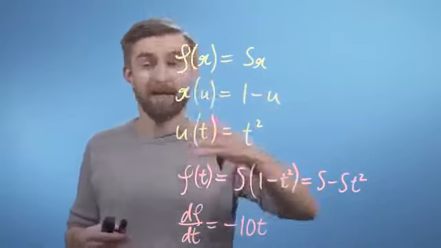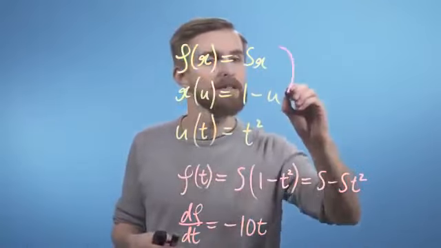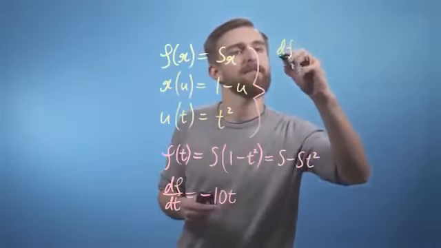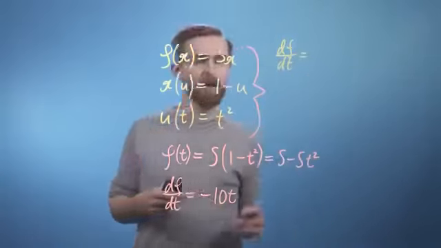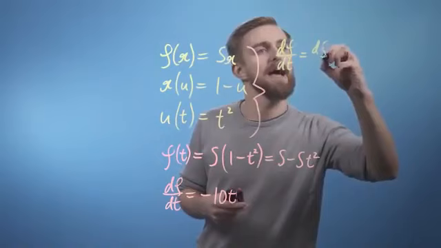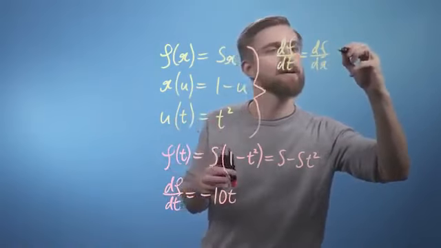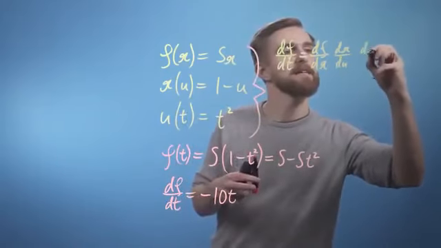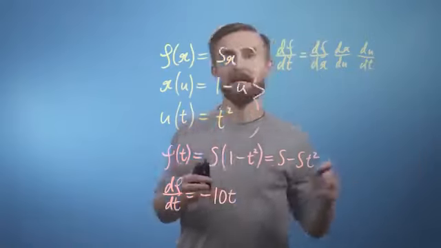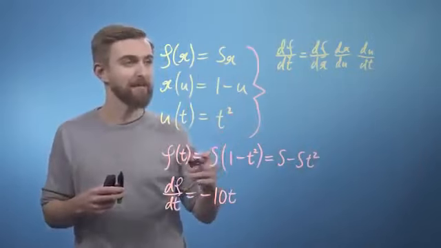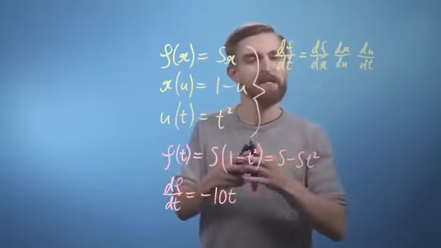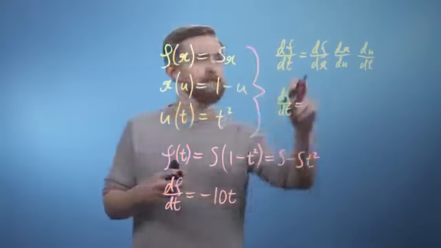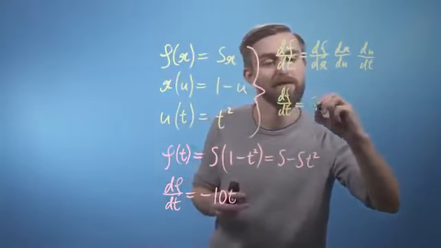Or we can apply a two-step chain rule and say the following. df by dt is going to equal df by dx times dx by du, and finally du by dt. Now subbing in for each of our terms, df by dx is just 5.